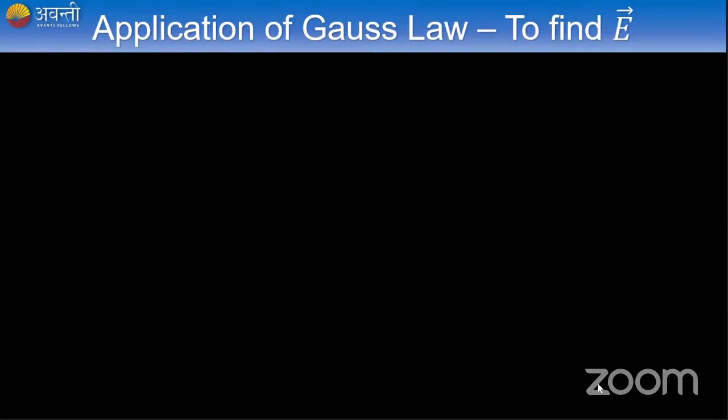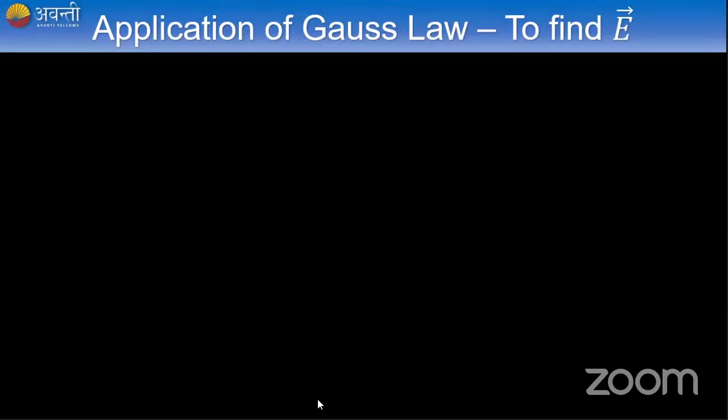Okay, guys. In today's class, we'll be discussing the last part of applications of Gauss law, that is the calculation of electric field for an infinite plane. We were pending with that.